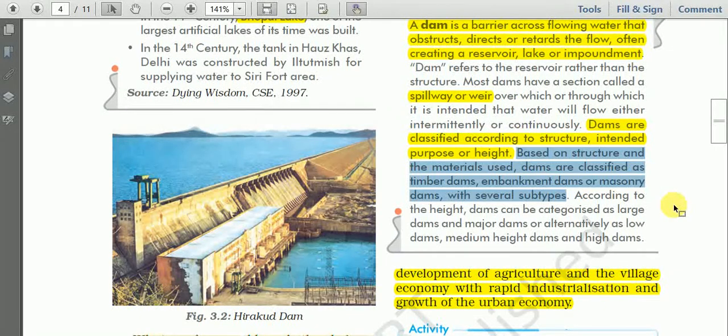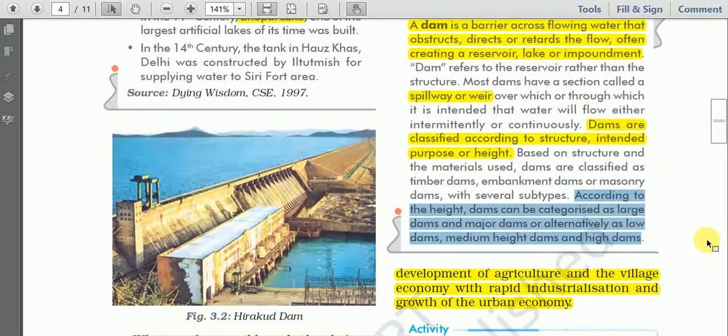Several subtypes are also there, but that is not so important here. According to height, dams can be categorized as large dams, major dams, or alternatively low dam, medium height dam, high dam. So this is according to the height of the structure. These are the different types of dams.